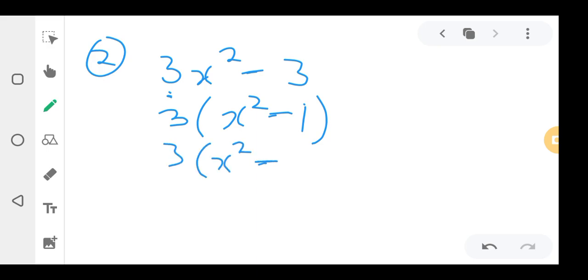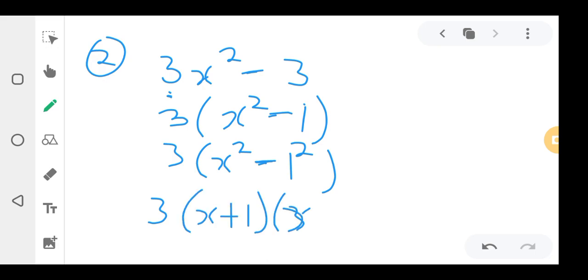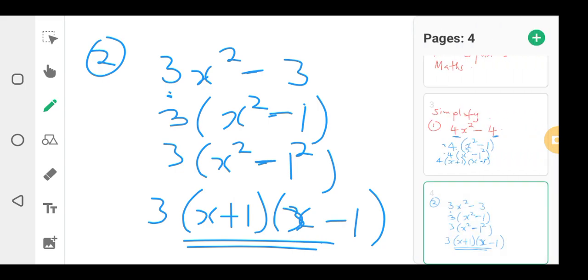Whenever it's 1, as a square, 1 is 1 squared. You remember what I said? Yes. So that is 3, open bracket, x plus 1, and there it is x minus 1. And then this is the answer. So you do it like that for all the remaining questions. That's how you solve them.